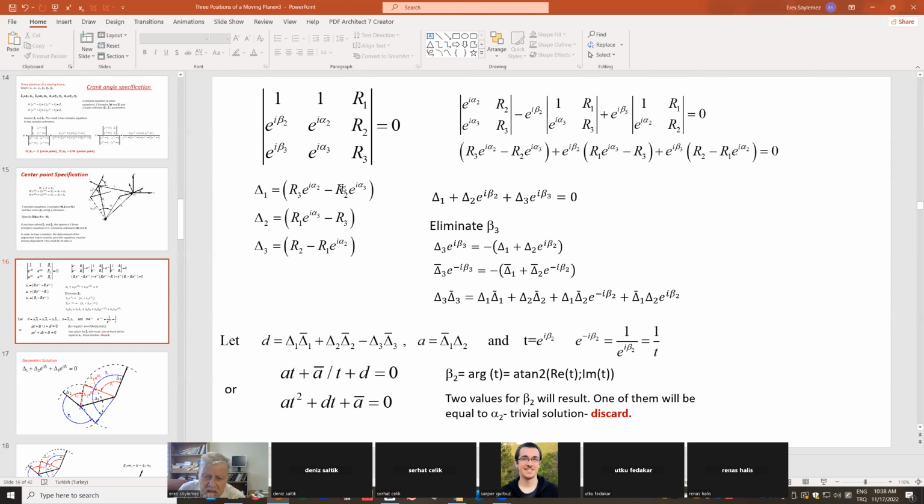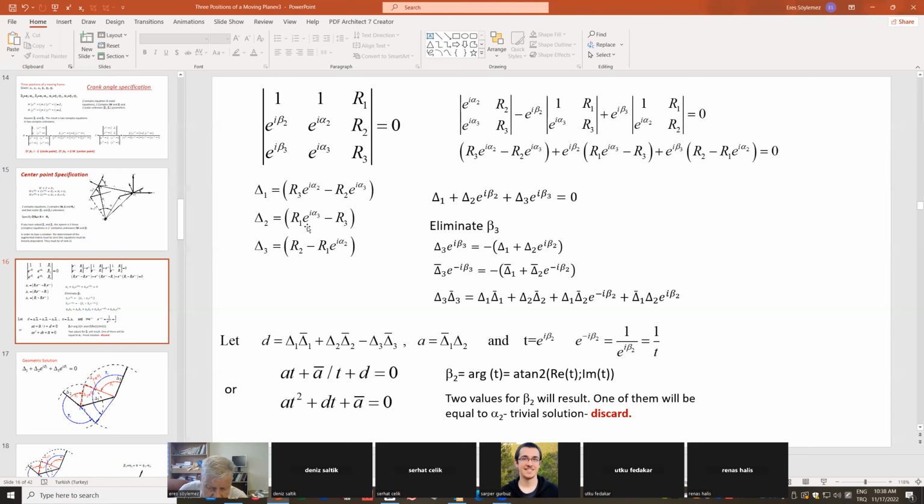I call these terms delta 1, delta 2, delta 3. Simply expand this determinant with respect to the first column. These are the three terms that you obtain. If you substitute, you can calculate delta 1, delta 2, delta 3. R is given, so R1, R2, R3 are known.